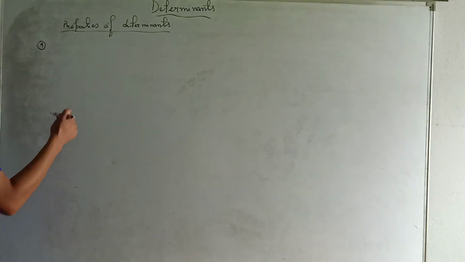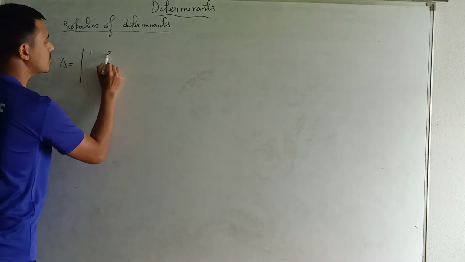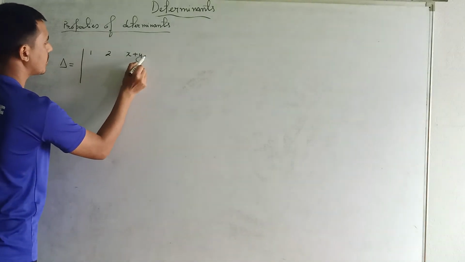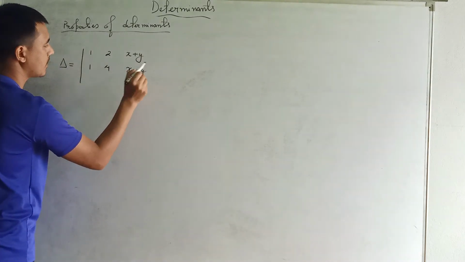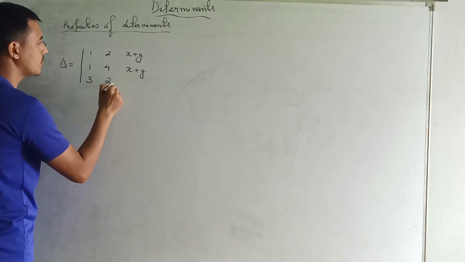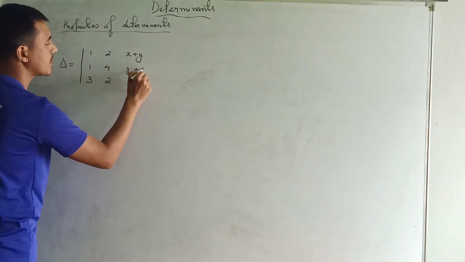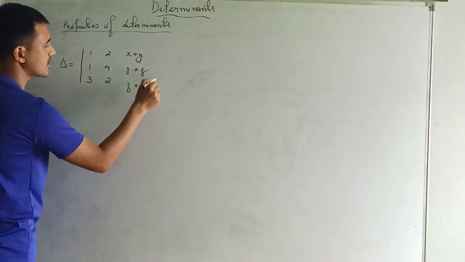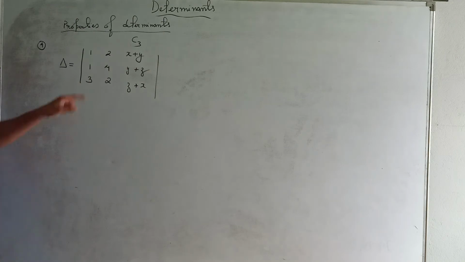I'll give you an example. Suppose your given determinant has rows 1, 2, x plus y; 1, 4, y plus z; 3, 2, z plus x. Here we see that the third column has been expressed as the sum of two terms.